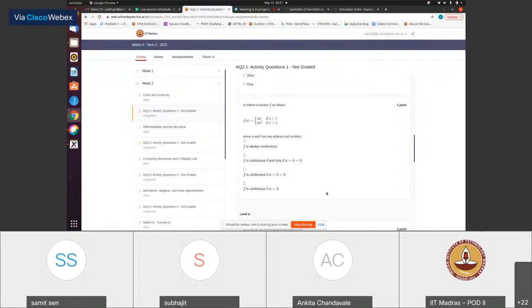So it is continuous, right? Yes, if you take a and b to be 4, the function is continuous at x equal to 1, because the right hand limit and the left hand limit are both 4. So, sir, whatever the values of a and b, I have to check the continuity at the point 1.